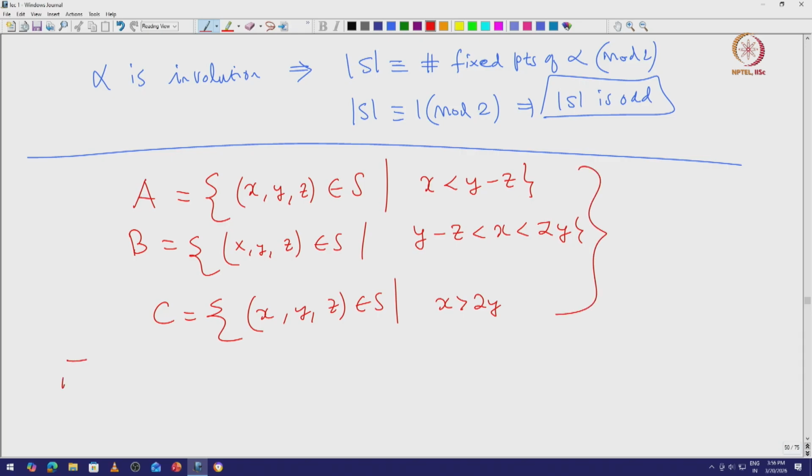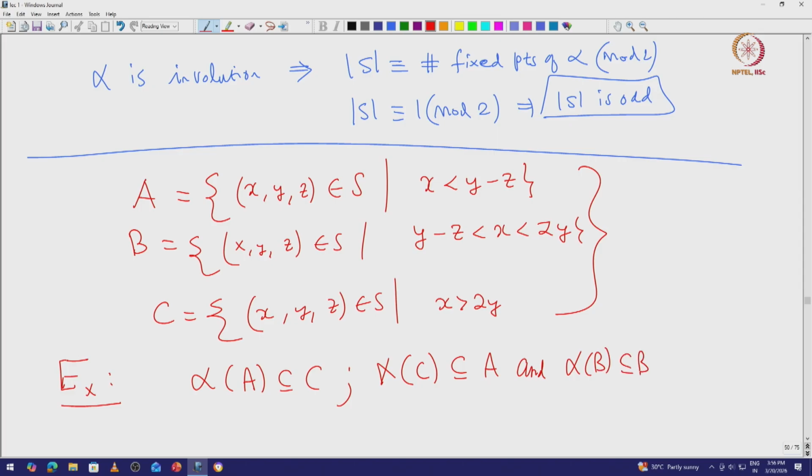Okay. The exercise is that alpha of A is contained in C, alpha of C is contained in A, and alpha of B is contained in B. Okay.